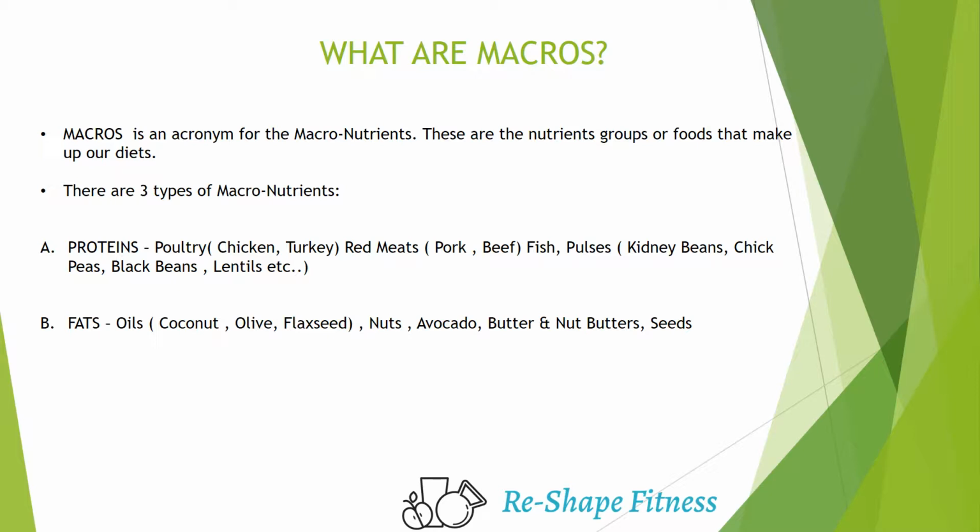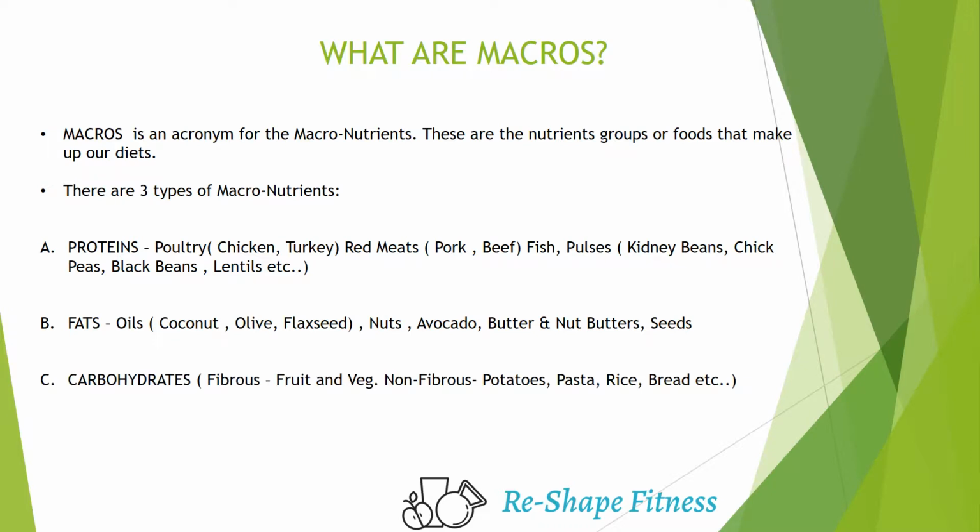So those are your three macronutrients, with carbohydrates included. Carbohydrates come in two types. There's the fibrous carbohydrates, which are high in fiber, like your fruit and vegetables. And then you've got your non-fibrous carbohydrates, the more stodgy, starchy sort of carbs.